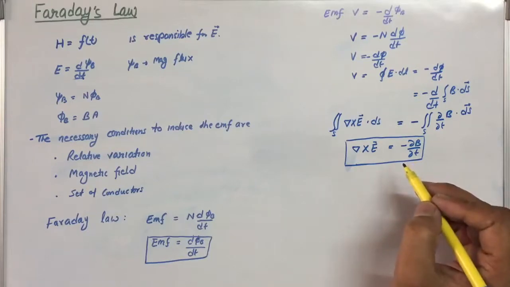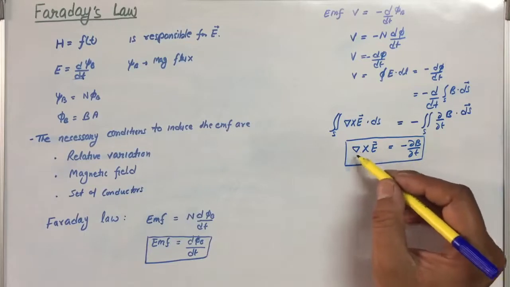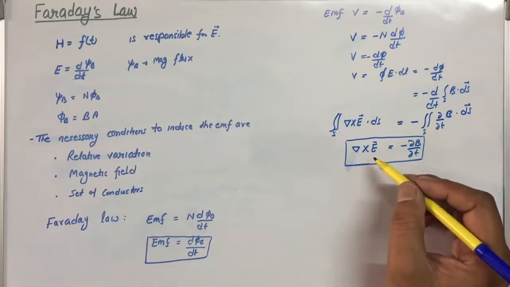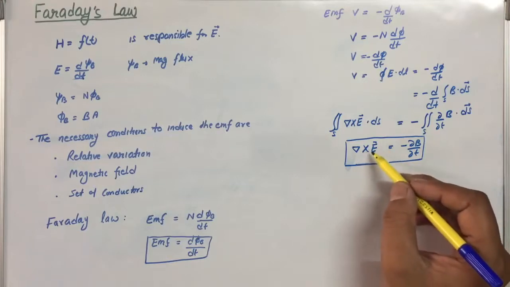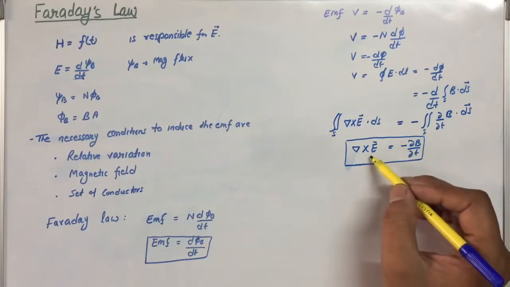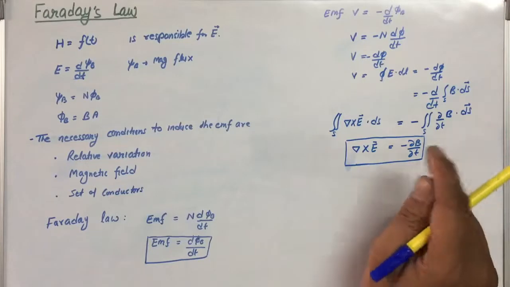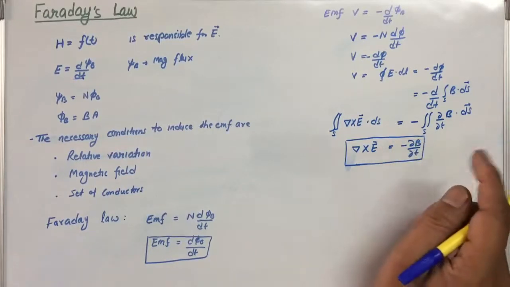This is the differential form of Faraday's law. And as we can see, curl of E is non-zero. It means the field E is non-conservative and it is rotational.